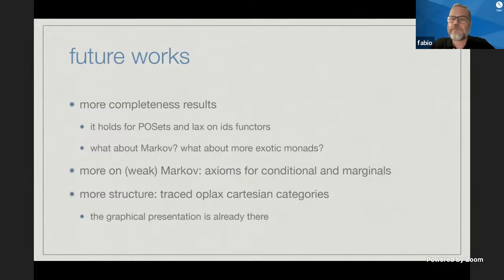And then you talked about presentations of free various kinds of gs-monoidal categories. Are those totally orthogonal projects so far? You mentioned the graphical presentation at the bottom of this slide for the Oplax case, but you were just talking about plain free Markov categories, right? Not with the local pre-orders?